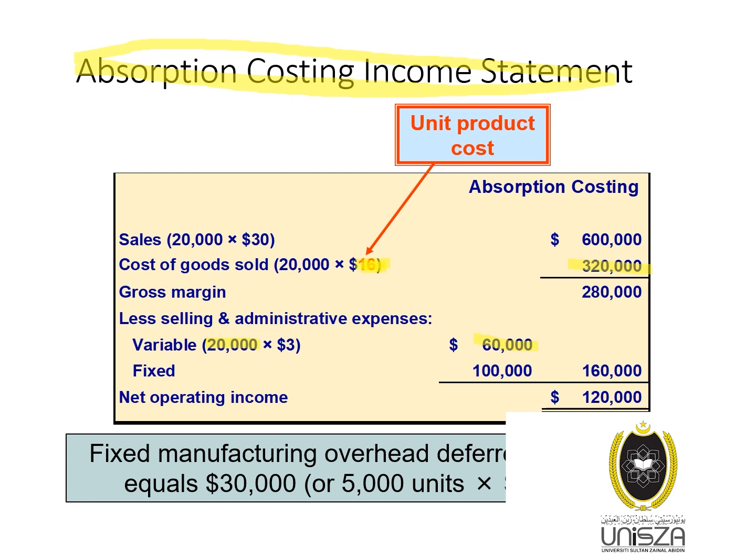So 60,000 and 100,000 here for the administrative expense, and the net operating income is 120,000. So the fixed manufacturing overhead deferred in inventory is equal to $30,000. How do we get it? Because of 5,000 units times 6 per unit, then we get the difference of 30,000.